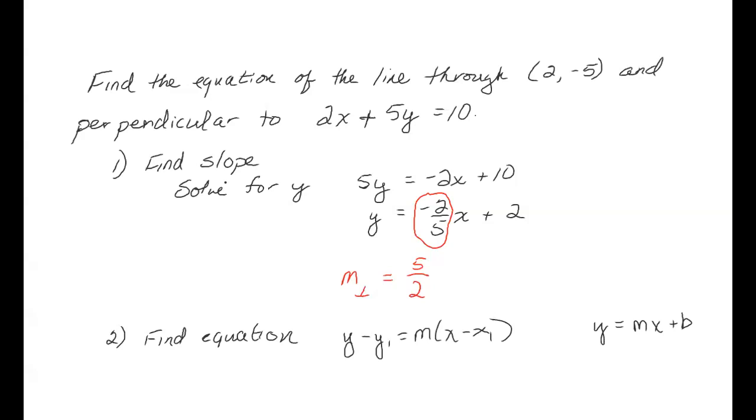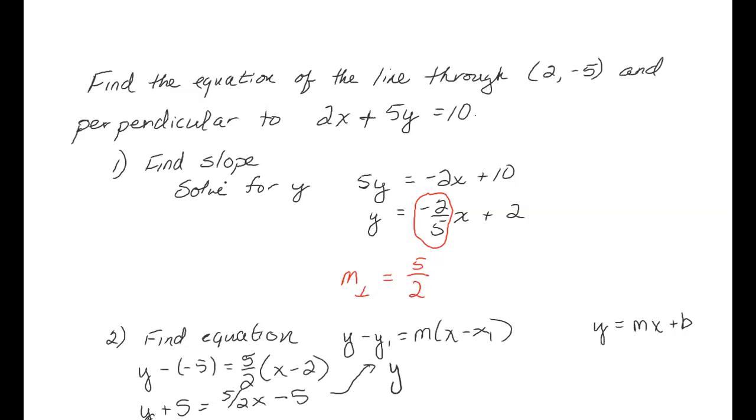So the point was 2, -5. So y minus -5 equals 5/2 times x minus 2. And then we're going to distribute and take care of the sign. Y plus 5 equals 5/2 x minus 5. So y equals 5/2 x plus 10.